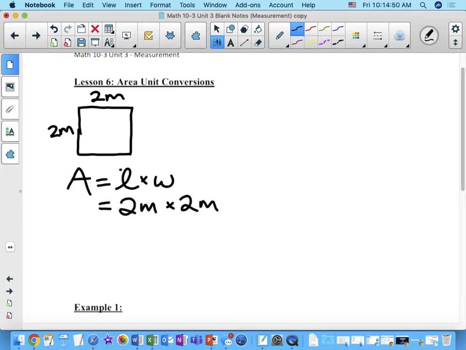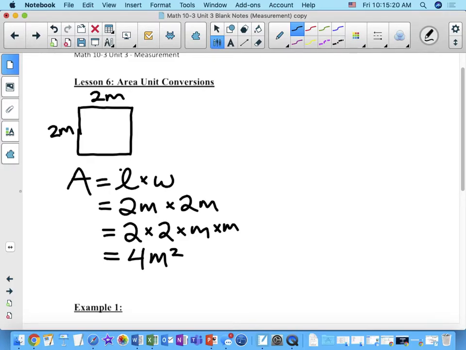If we arrange how we're writing out the numbers and the units, that's going to become 2 times 2 times meters times meters. Do you see how we're multiplying meters by itself? Can you guys see that? Yeah? Okay, so that's why the meters are squared.